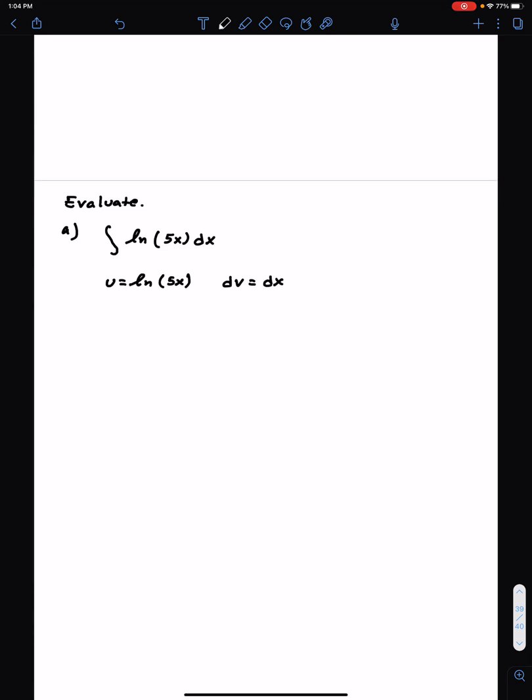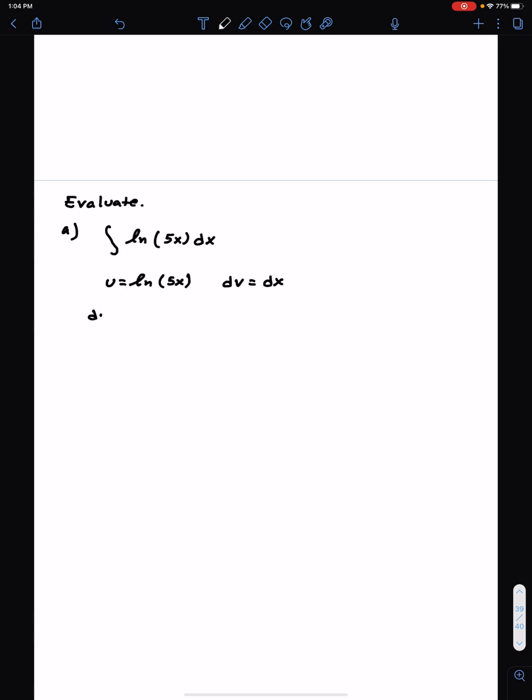So for example, evaluate the following integral: the integral of natural log of 5x dx. So u is equal to the natural log of 5x, dv is dx.